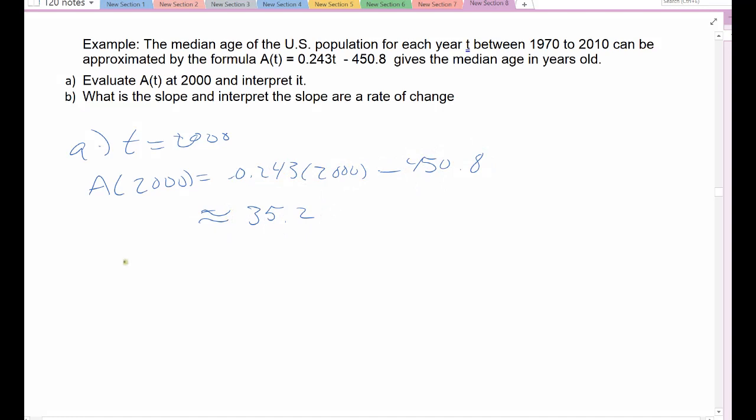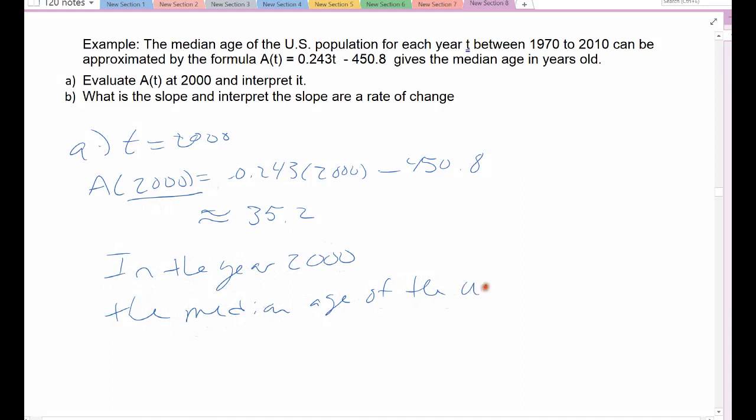Alright, so what that means, in the year 2000, right, because that's the year we're looking at, the median age of the U.S. population was about 35.2 years old.